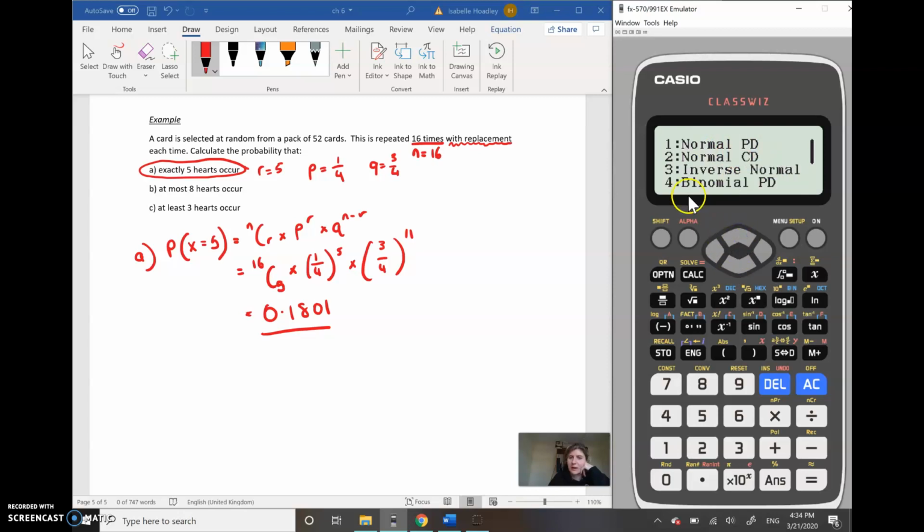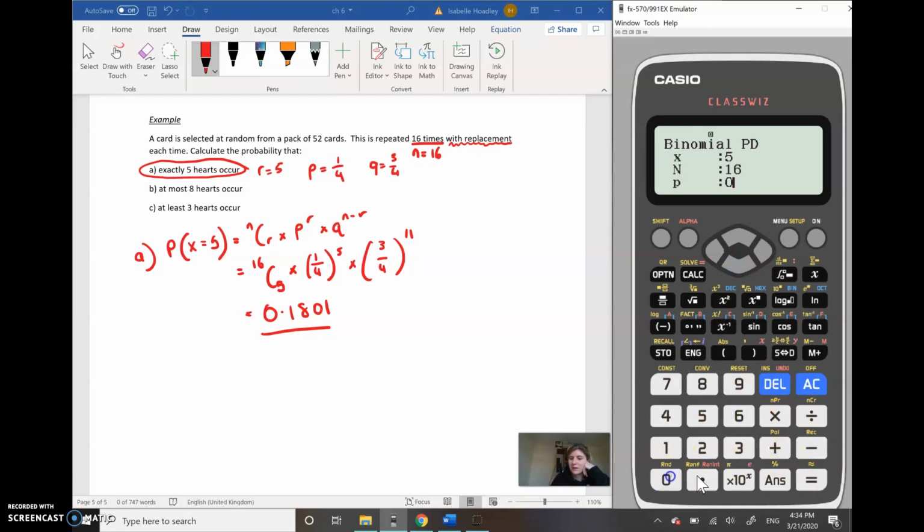Okay, but if we go up, number 4 is binomial PD. Then we want to press 2 for variable, and it comes up with x, n, and p. Perfect. So x is 5. That's what we're trying to find. Enter and it goes down. N is 16, enter.